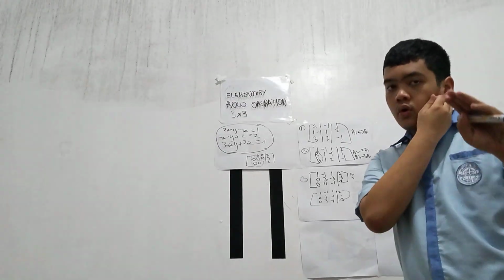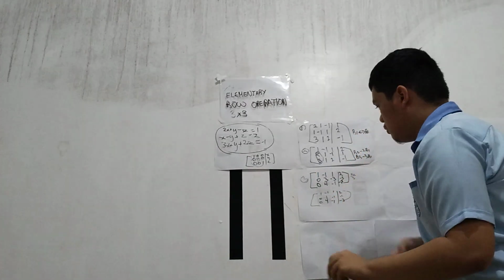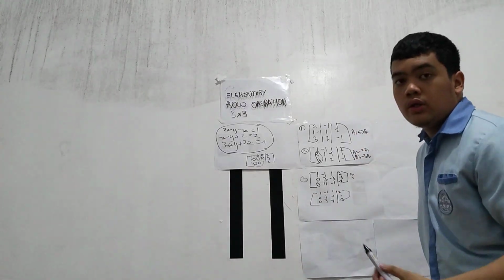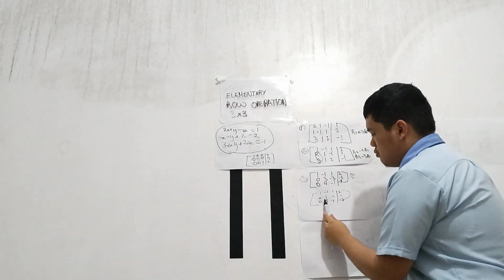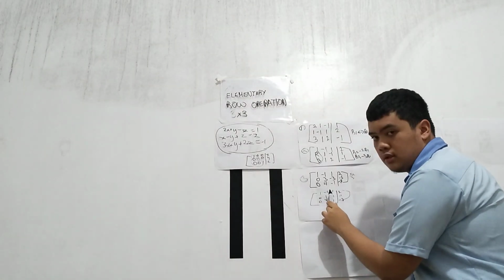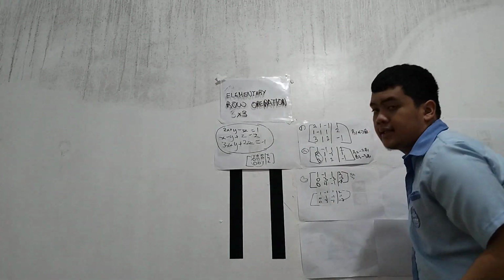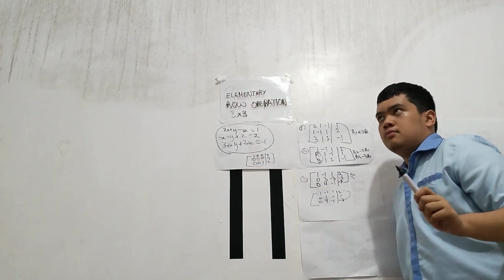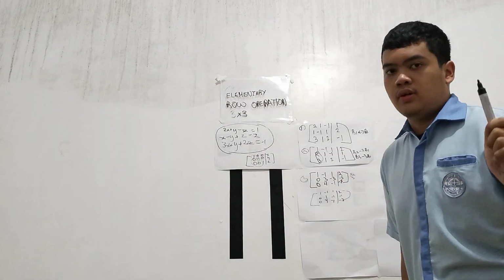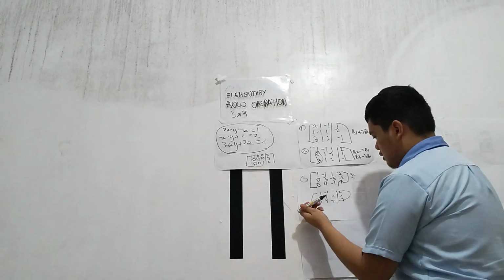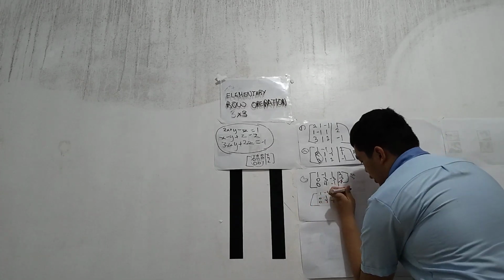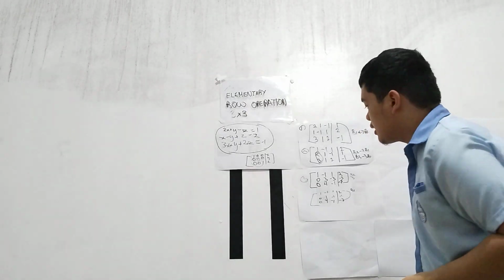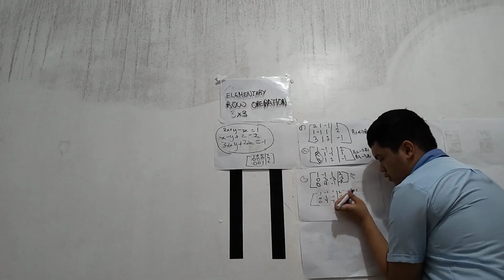Now we are going to eliminate this column, column 2. We need to eliminate the second column of row 3 and the second column of row 1. What is the opposite sign of negative 1? It is positive, correct?